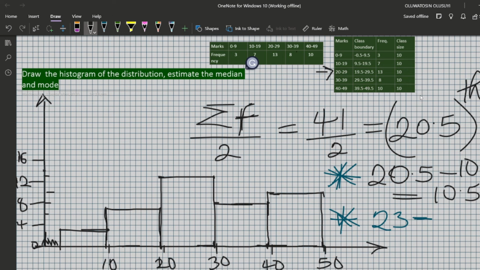We need that median position, 20.5. So we use the 20.5 here, we subtracted the summation of the frequency before the median class. Then we came here, we use the same median position. We are now subtracting it from the cumulative frequency of the median class. That's what we are doing. And that will give us what? We have 23 minus 20.5. That will give us 2.5.